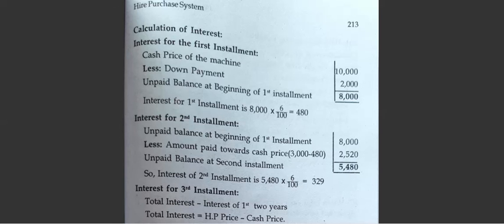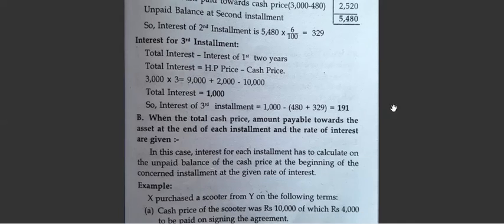Then for the third installment, total interest is equal to higher purchase price minus cash price: 3000 into 3, 9000 plus 2000 down payment minus 10,000 cash price, the total interest is 1000. So from 1000 deduct the interest of the first installment and second installment, the remaining is 191.